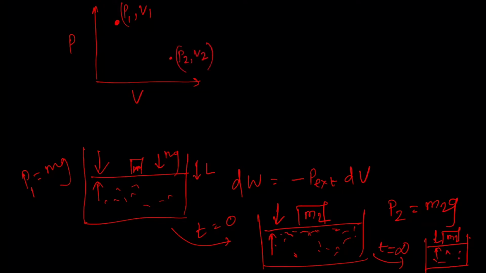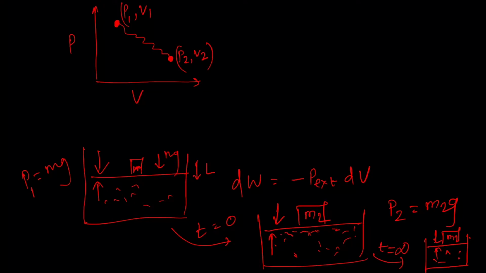What happened in between this and this we do not know. We only know the initial point and the final point. Remember always that thermodynamics does not tell you what happens in between. Thermodynamics only tells you about one equilibrium point to another equilibrium point, and it also does not care about the time it takes to reach that equilibrium point.